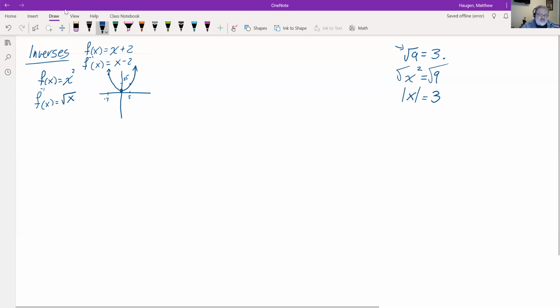That's why we got the +7 out instead of the -7 out. Fair? And then if we solve for what x values make the absolute value of x equal to 3, that's true for x equals +3 and x equals -3. So that plus or minus actually comes not from the square root of 9. The plus or minus comes from this side, from that square root of x squared.